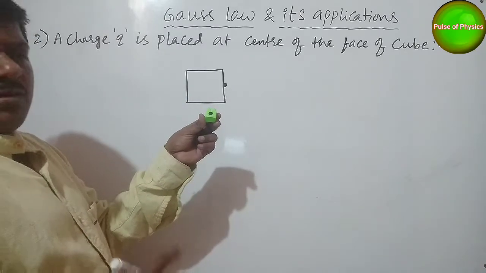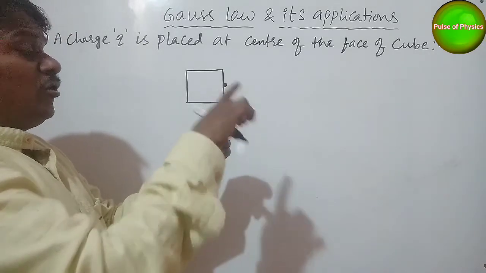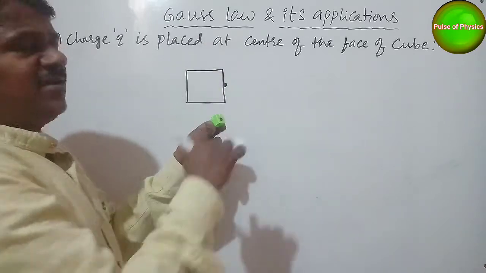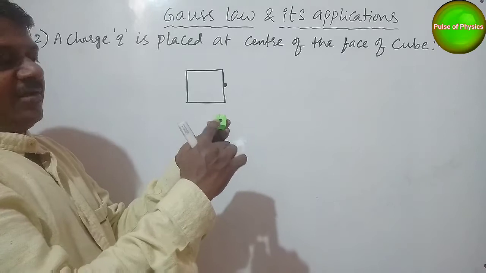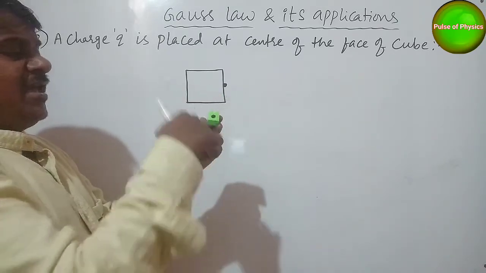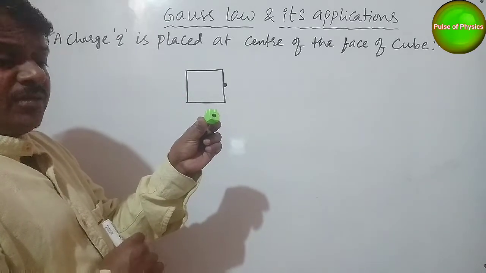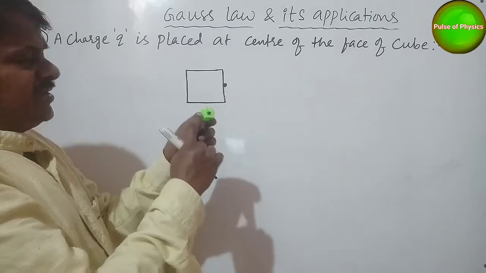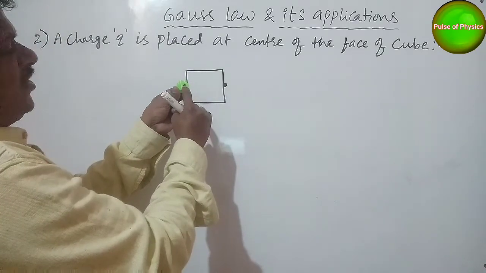No. Why? Because we can apply Gauss law only when the charge is enclosed by the surface. Now the charge is open, not enclosed by the surface. To make it an enclosed surface, what should we do? In this case, the charge is placed at the center of the face of the cube.